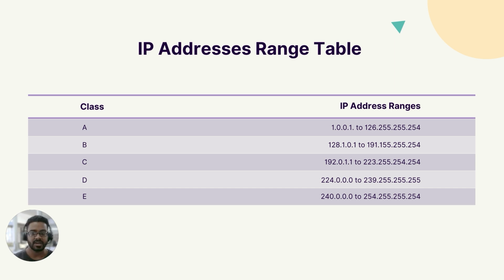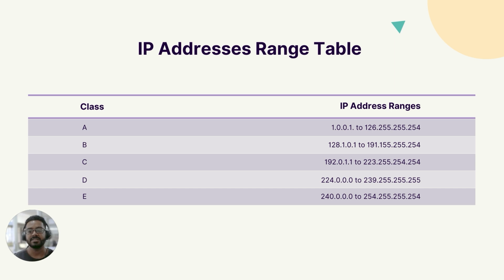This representation is called decimal notation and is what is generally used by humans to refer to an IP address for readability purposes. With the ranges for each number being between 0 and 255, there are a total of 4,294,967,296 possible IP addresses, so quite a bit, as you can see.